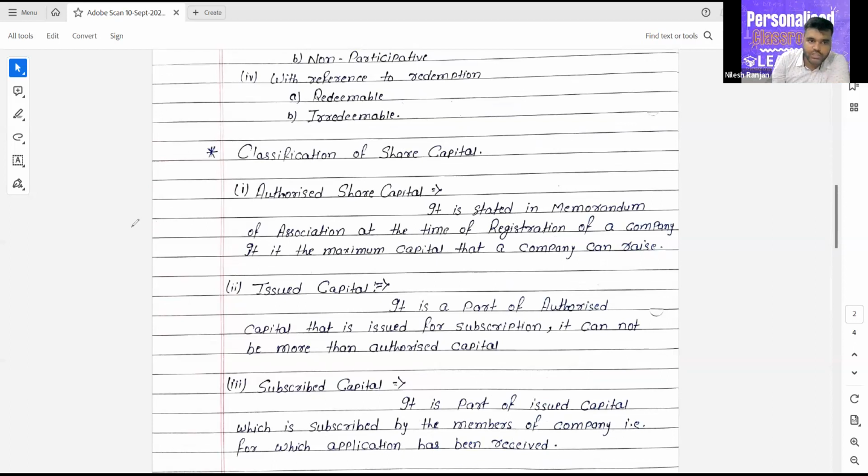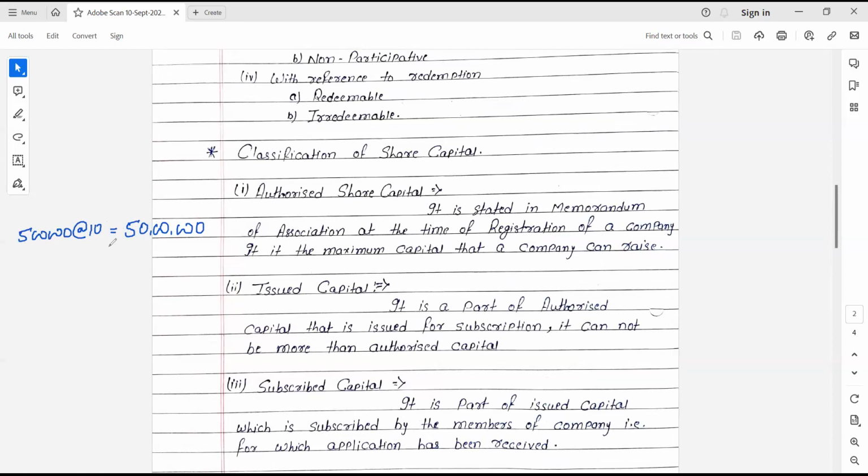Let's say total authorized capital is 50 lakh. It is divided into 5 lakh shares at the rate of 10 each. So it is 50 lakh.